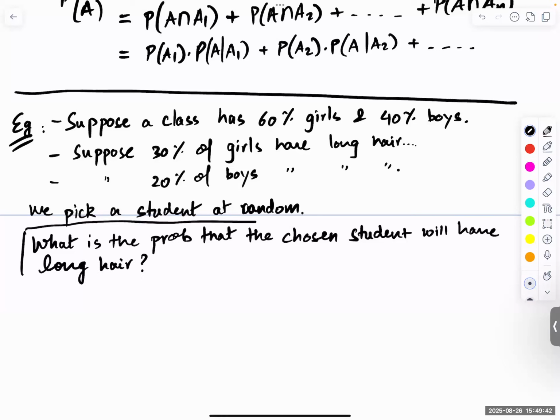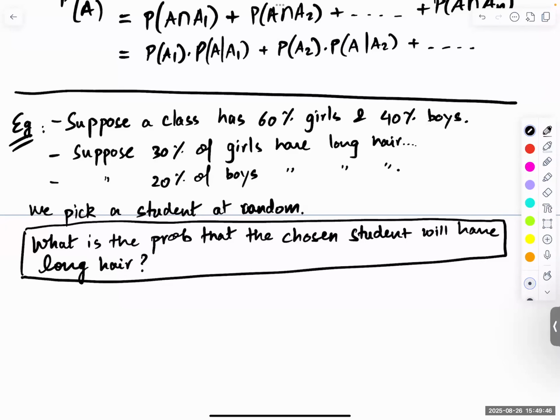Okay, so this is the event of interest that you want to analyze. So this is your event A, whose probability you want to find: student having long hair, right? And this is the setup provided to you.